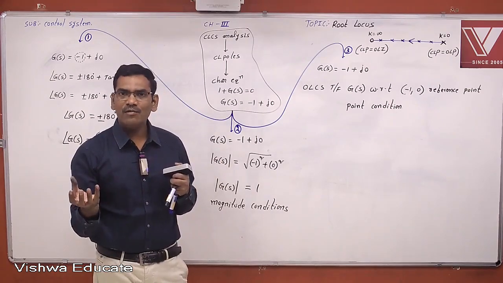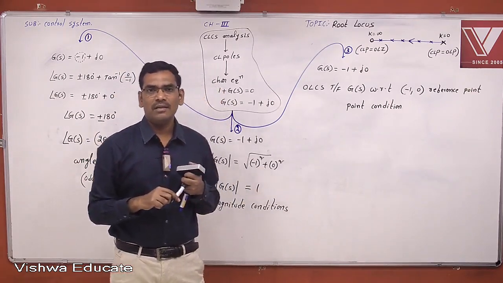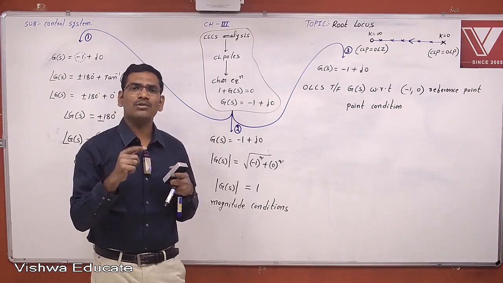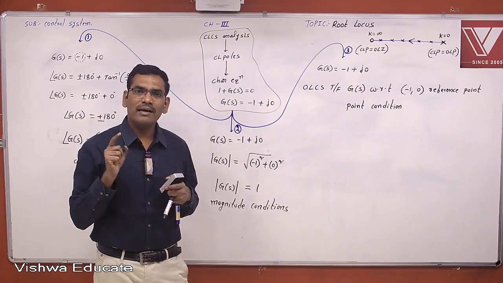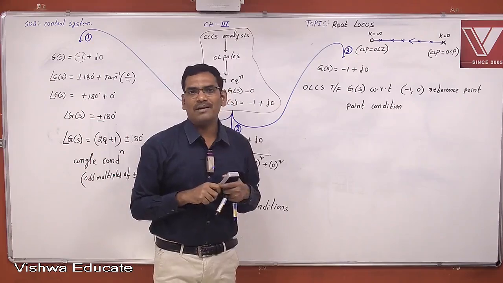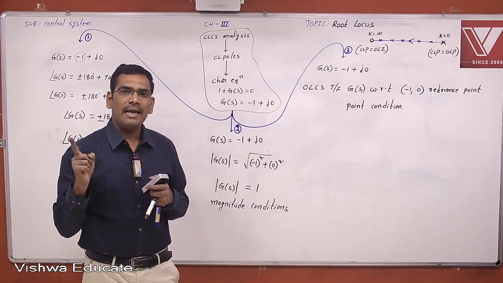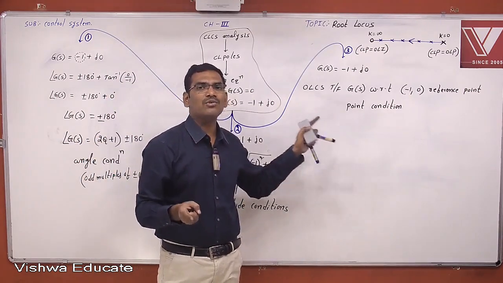Sir, how is the link established between the open loop and closed loop control systems? You take the open loop control system, but you want to do the complete analysis of the closed loop control system. That link is nothing but an angle condition, or you may choose a magnitude condition, or you may choose the point condition.